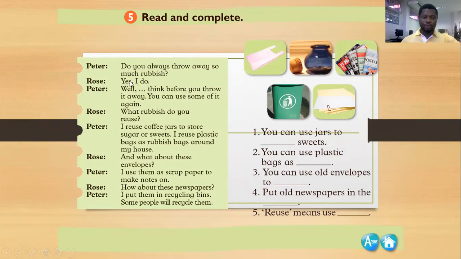Yes, I do. Well, think before you throw it away. You can use some of it again. What rubbish do you reuse?